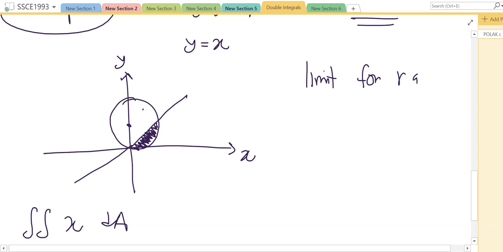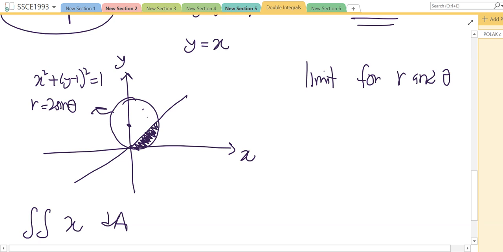r and theta. So here we know that this circle is x squared plus (y minus 1) squared equal to 1. If you revise back on the common polar equations, this one is actually r equal to 2 sine theta. I did show how to get this one in the previous video.